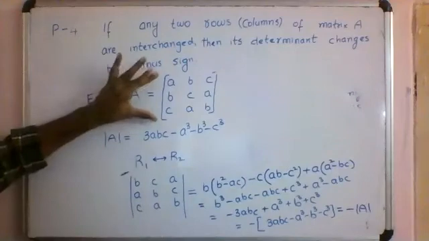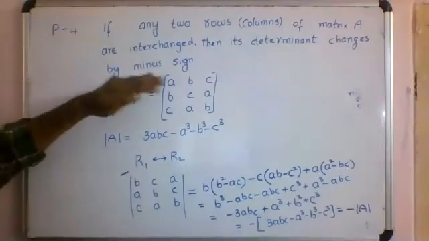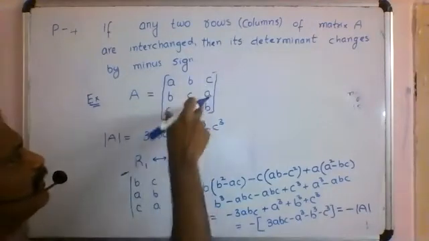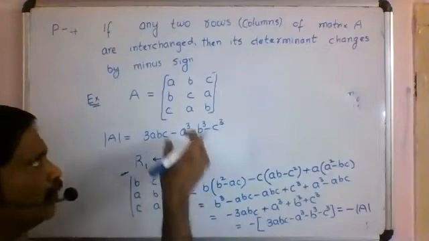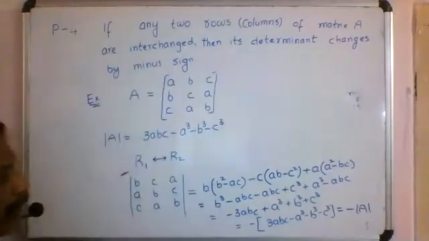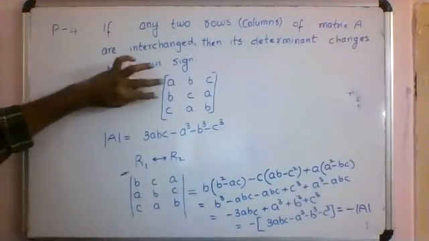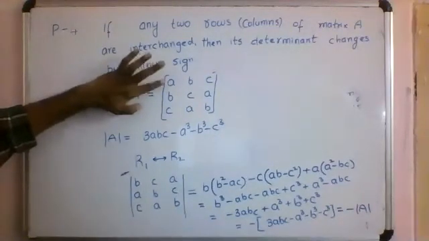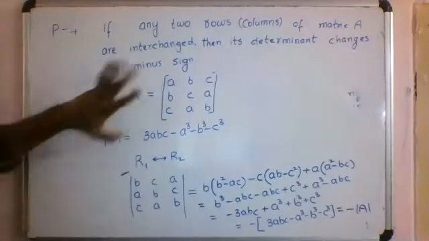This is original matrix, given matrix. Okay, its determinant value will have some value. And we know that its determinant value is this. Even if you don't know, if you expand, you are going to get this one only. If we interchange two rows, these two rows or these two rows or these two rows, okay, 3 chances are there.